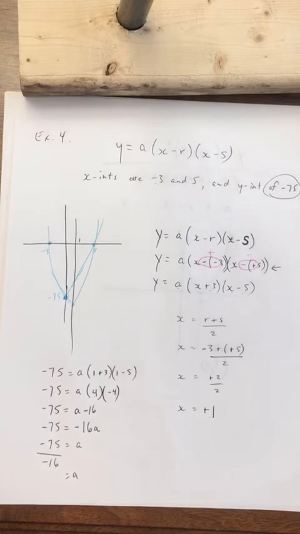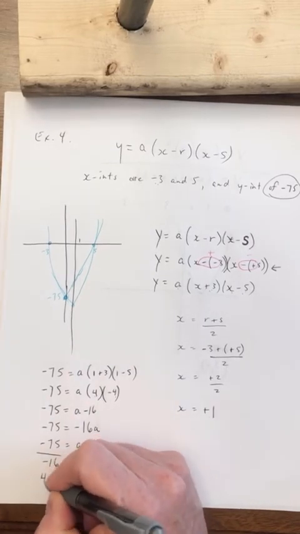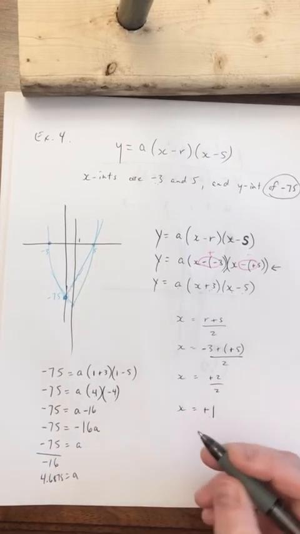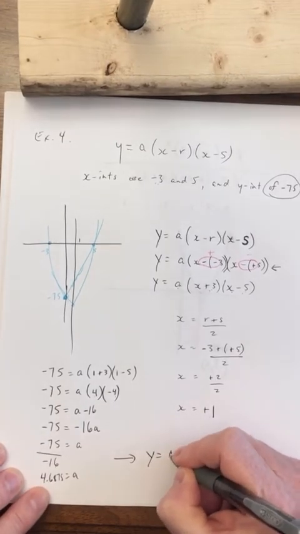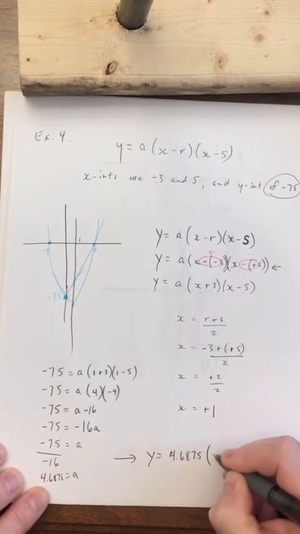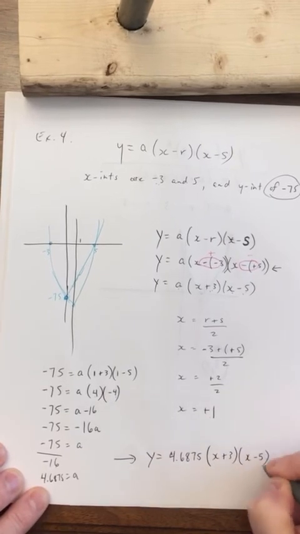Let me find my calculator here. So negative 75 divided by negative 16. We get an a value of 4.6875. So our equation then is y equals 4.6875(x plus 3)(x minus 5).